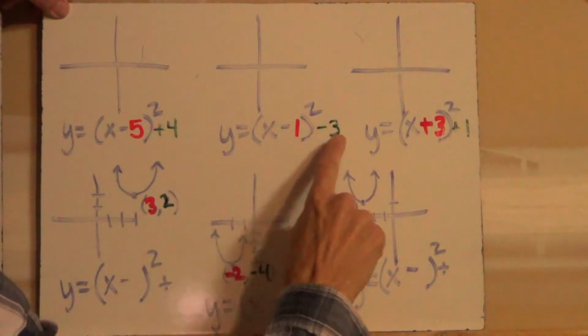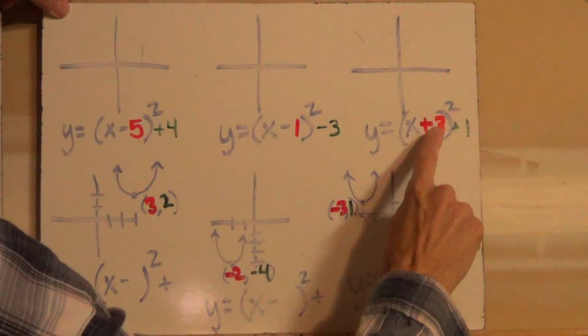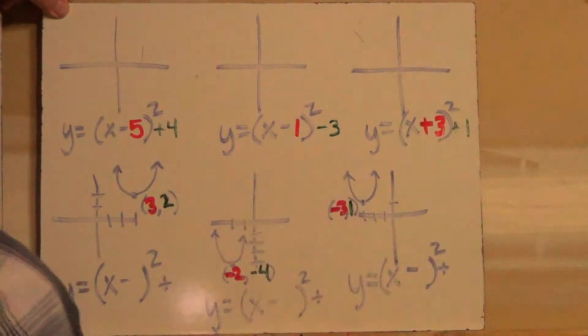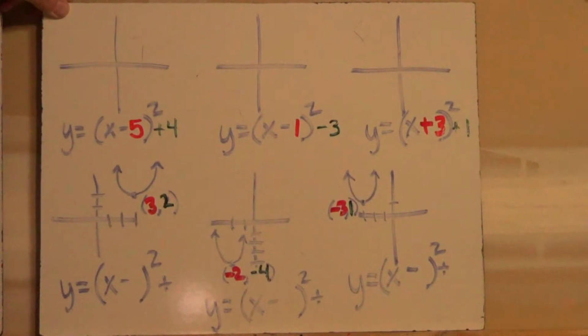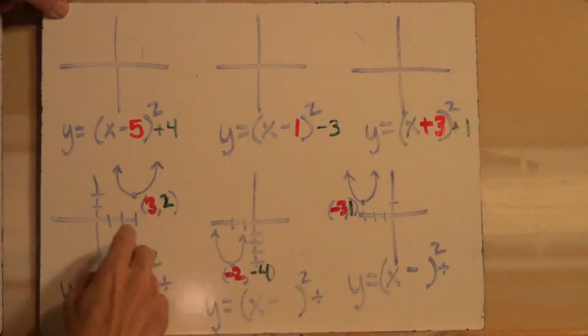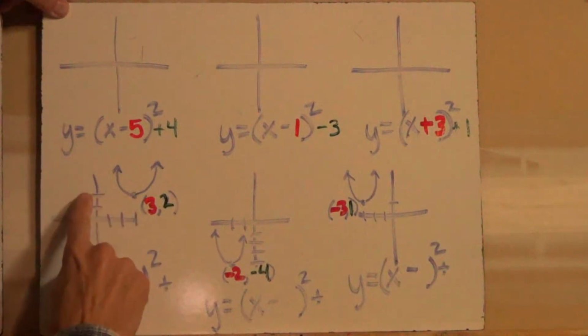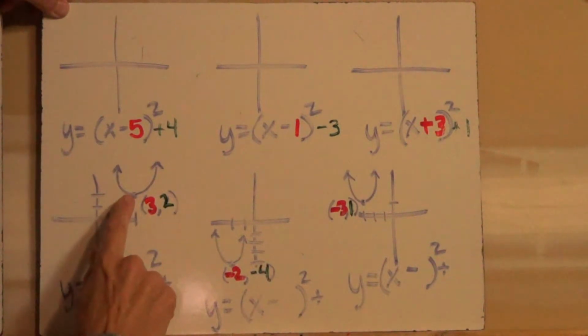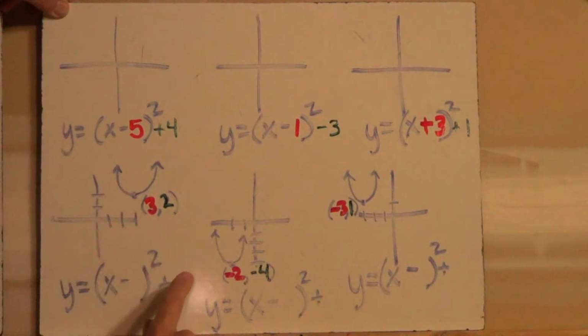A 1 and a 3, and then a negative 3, it makes it positive, and a 1. Okay? Then I want you to write blank equations down below and draw a graph where this parabola has been shifted to a vertex of 3, 2, a vertex of negative 2, 4, and a vertex of negative 3, 1.